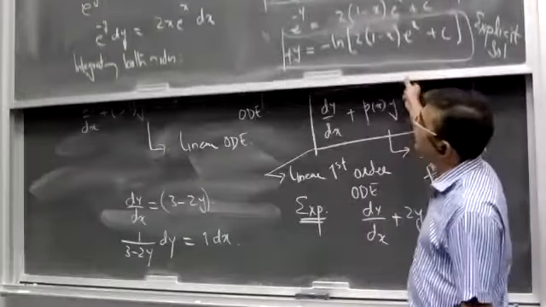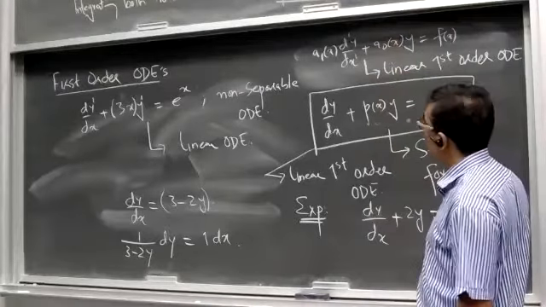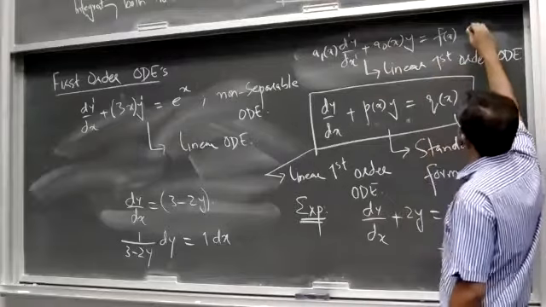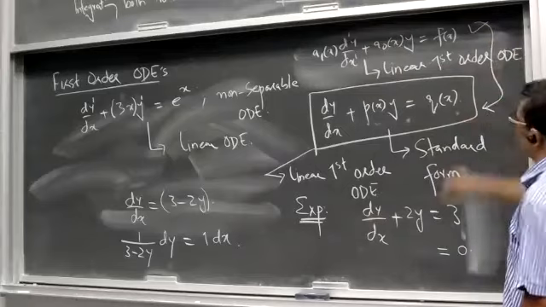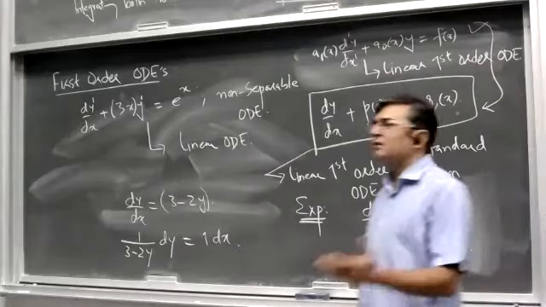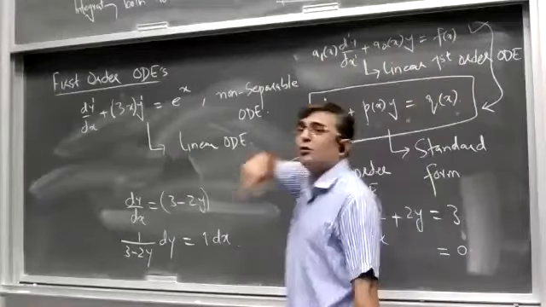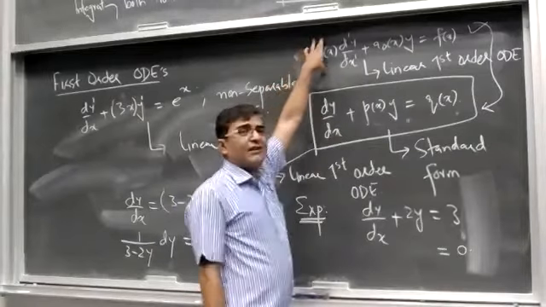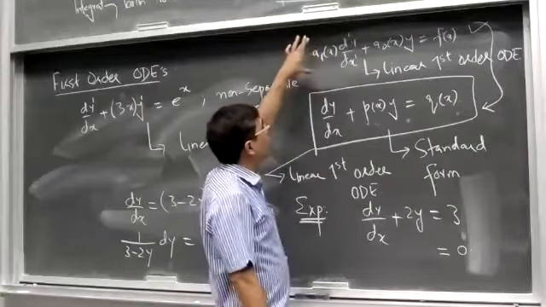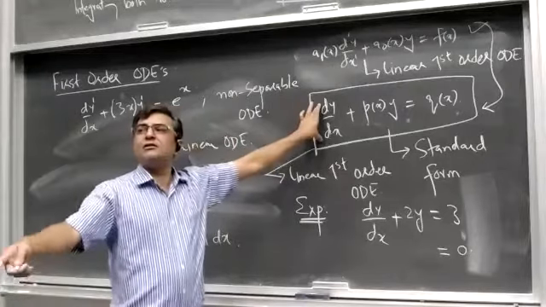Now let's discuss how to solve a linear first order differential equation. We can always convert this differential equation into this form by dividing the coefficient of dy by dx throughout the equation, on both sides. Whenever you have this kind of linear first order differential equation, you always have to convert it into this standard form, then we can solve it.